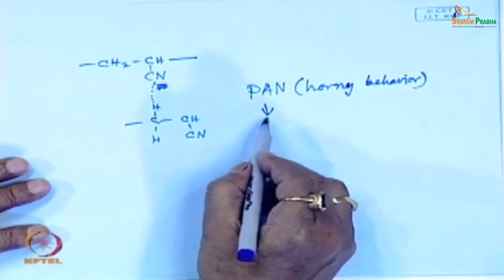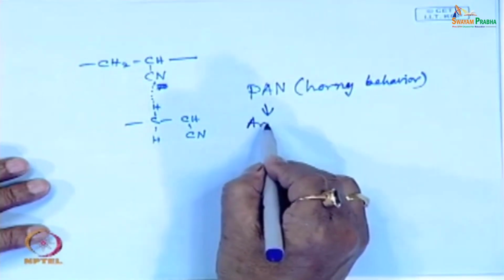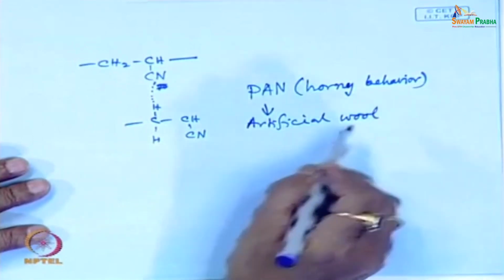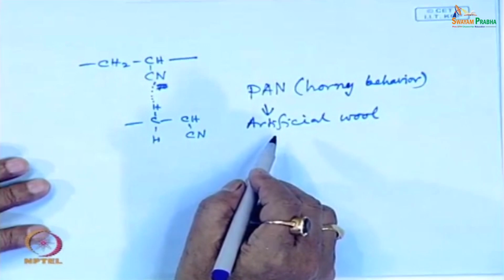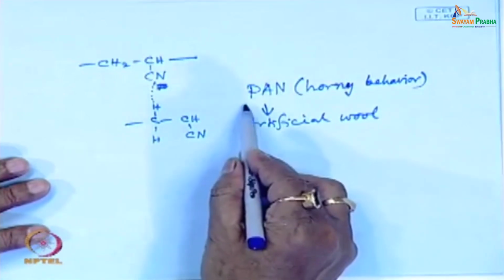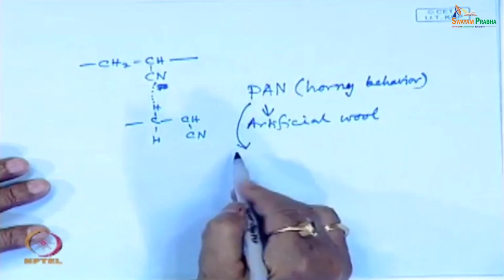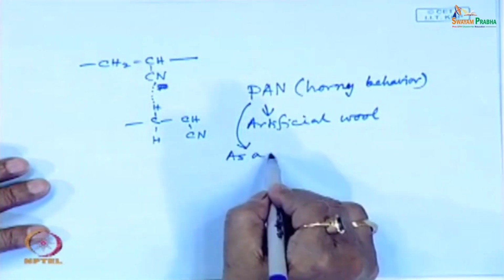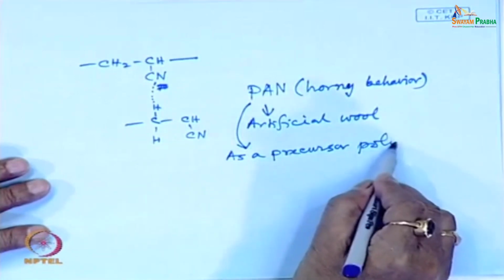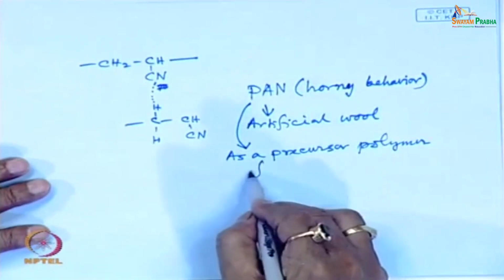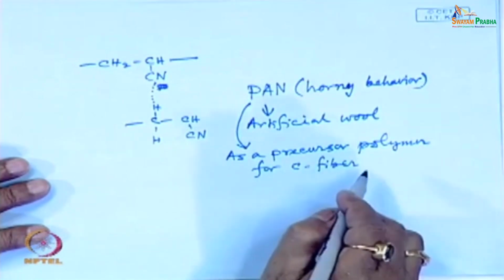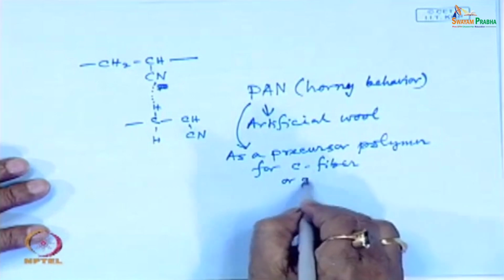This is used for making artificial wool, polyacrylonitrile. This PAN is also used as a precursor polymer for carbon fiber or graphite fiber.